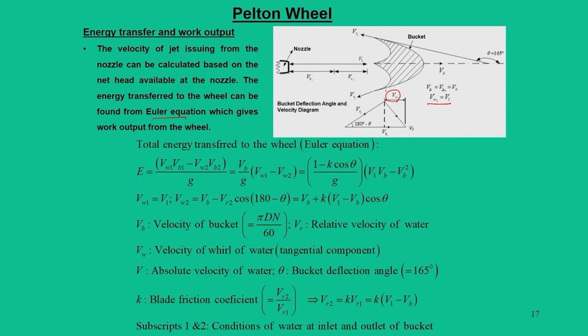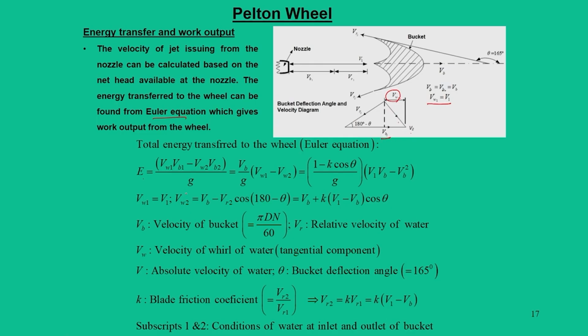Since the water exits at an angle of 165 degrees, the water goes out at a certain angle with relative velocity Vr2. Due to this relative velocity with the same bucket velocity, we have absolute velocity V2 and its horizontal component is Vw2.